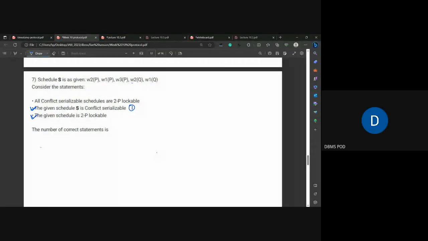Okay, let's try. Suppose there is T1, T2, T3. The schedule is W2P, then W1P, then W3P, W2Q, W1Q. Correct?